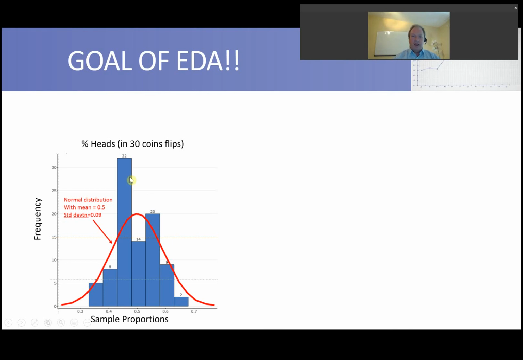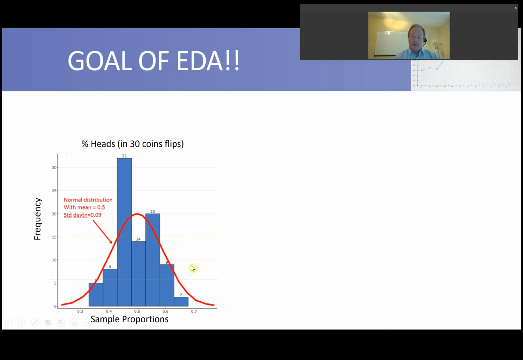It's a histogram. It kind of looks like a frequency bar plot. These are the percentages. So these are the percentage of people that had, say, between, I'll just make up a number, 32% and 38% heads. And there were 8 people here that had percentages in this range and so on. So these are estimates taken from a whole lot of samples.